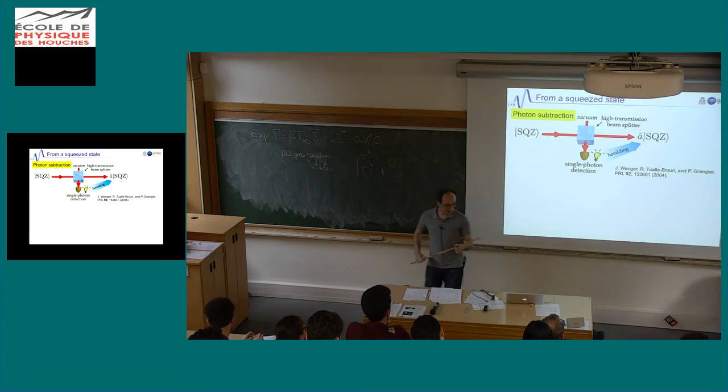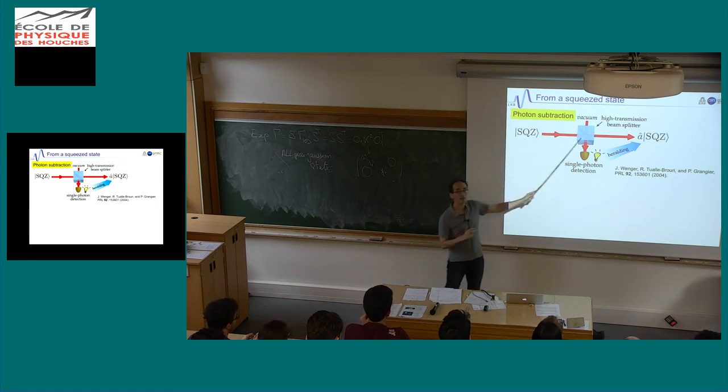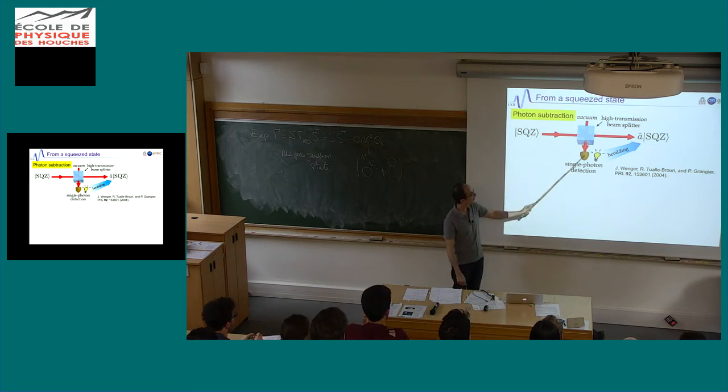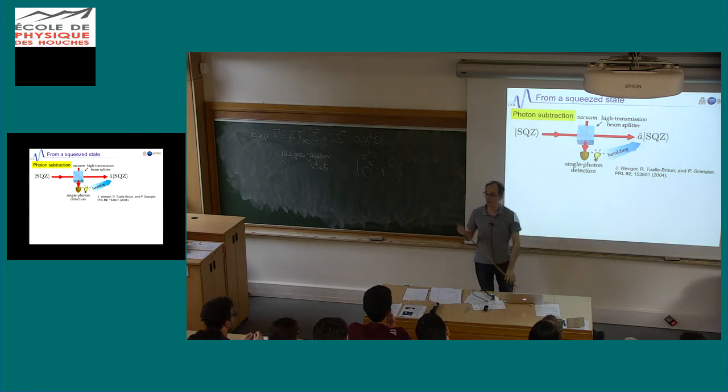The way they have done that is that you take a squeezed state here. So I'm back to single mode. I take one squeezed state, and I take a beam splitter here to extract one photon. So my beam splitter has a very weak reflectivity, and when I see a click here, I post-select my state. So in practice, I apply the annihilation operator to my squeezed state. I remove a photon.